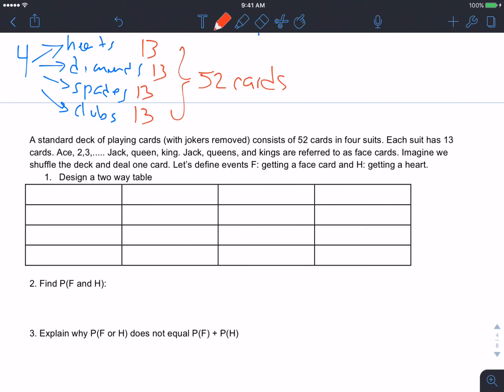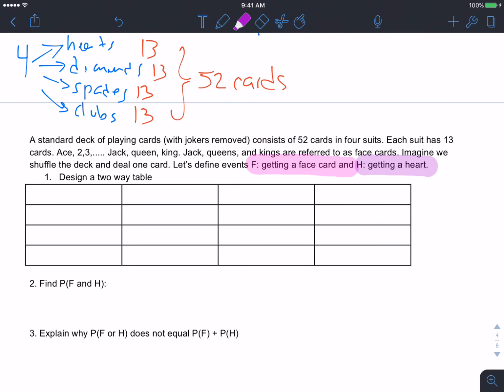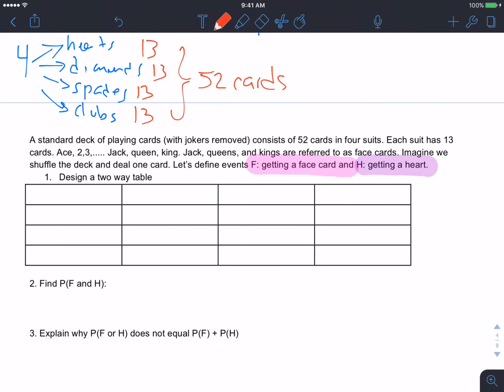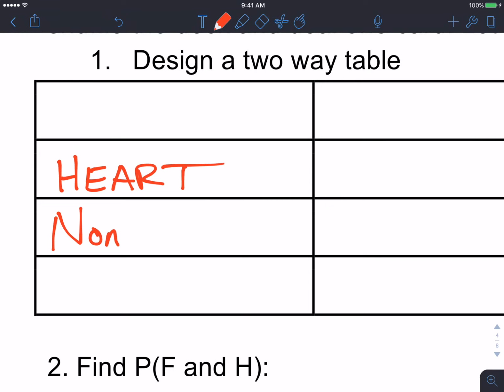I defined two events. The first one is F, getting a face card, and the other one is getting a heart. If we want to design a two-way table, I'm going to start over here. Let's say I do get a heart, and the next one is a non-heart.